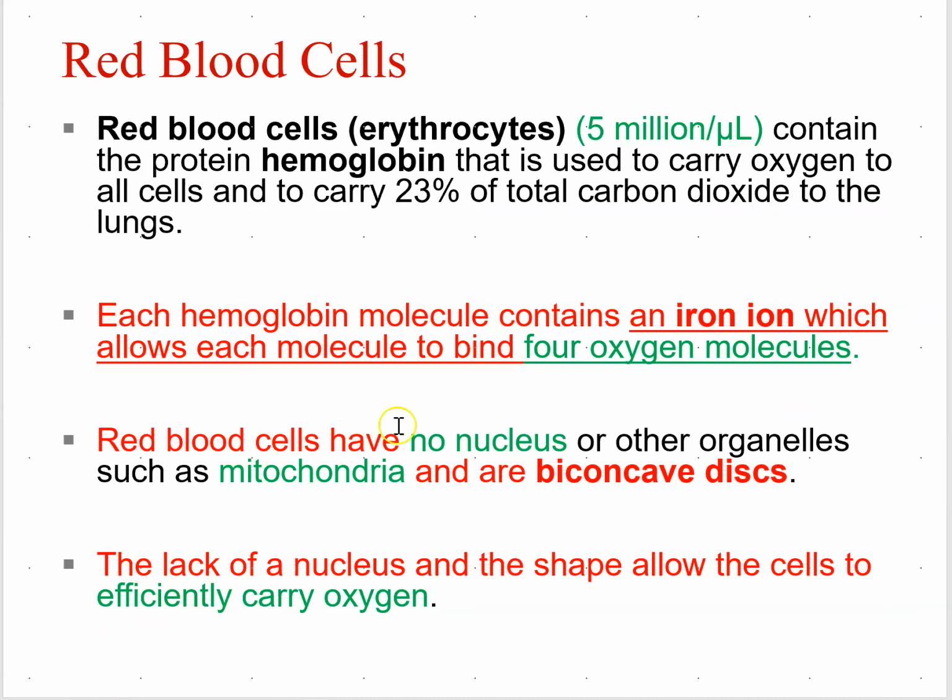Each hemoglobin molecule contains iron, which can bind to oxygen molecules, and each hemoglobin can bind up to 4 oxygen molecules. They don't have a nucleus or other organelles like mitochondria to produce energy, and they are biconcave disc-shaped structures. The reason they don't have a nucleus is so the hemoglobin can occupy all the space to efficiently carry oxygen.